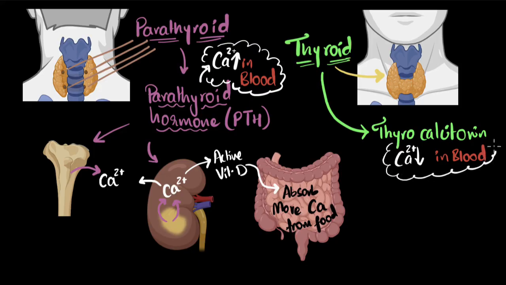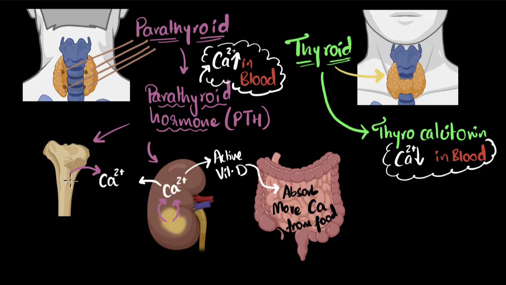So now imagine we have high levels of calcium in blood. What's going to happen? Well, one is the PTH is going to reduce because we want to reduce this activity, but not just that. Now the thyrocalcitonin is released into the bloodstream. And you know what happens when these receptors bind to these cells? It does the exact opposite of what PTH does.